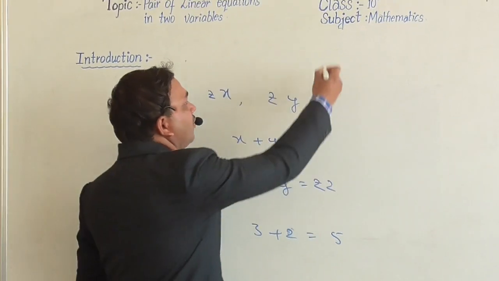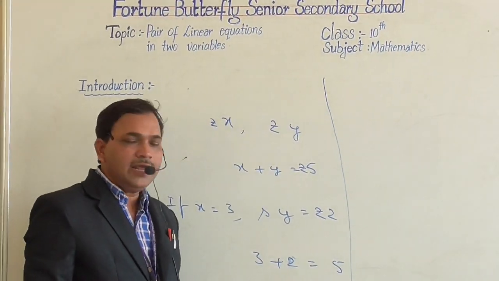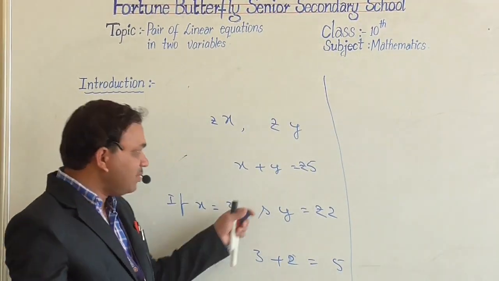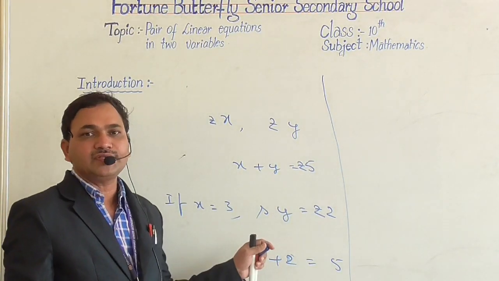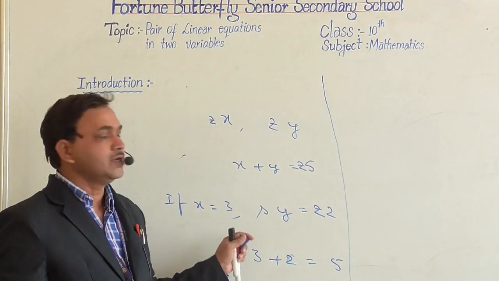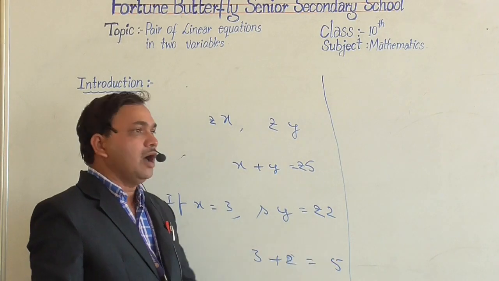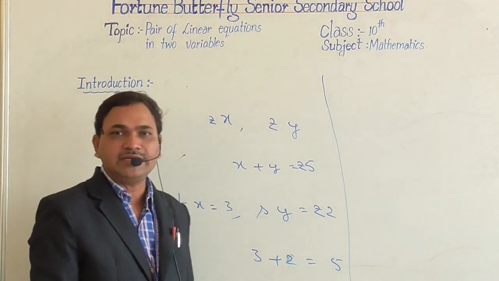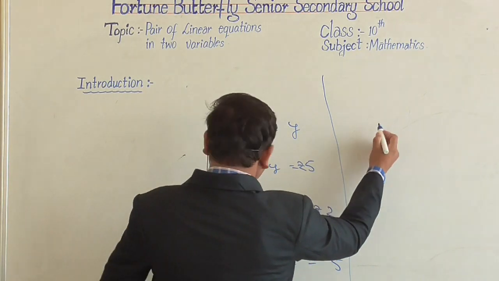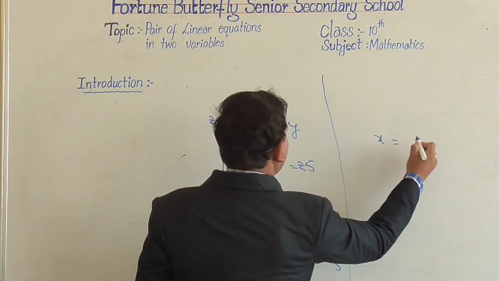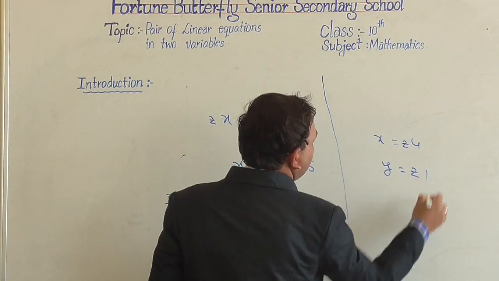Again, we take another real life situation with the same example of two fruits. We can find more values for these two variables. Instead of 3 rupees and 2 rupees, by our wish we can take other values using the hit and trial method. For example, x is equal to 4 rupees and y is equal to 1 rupee.